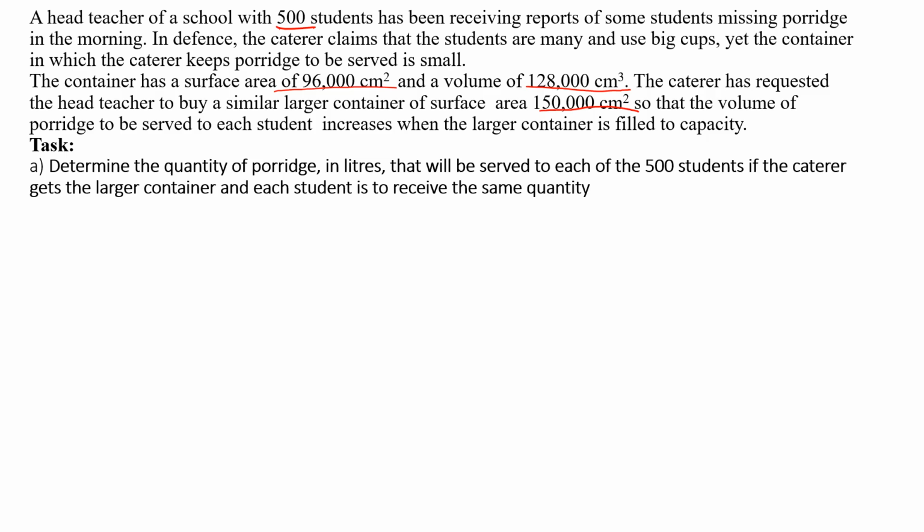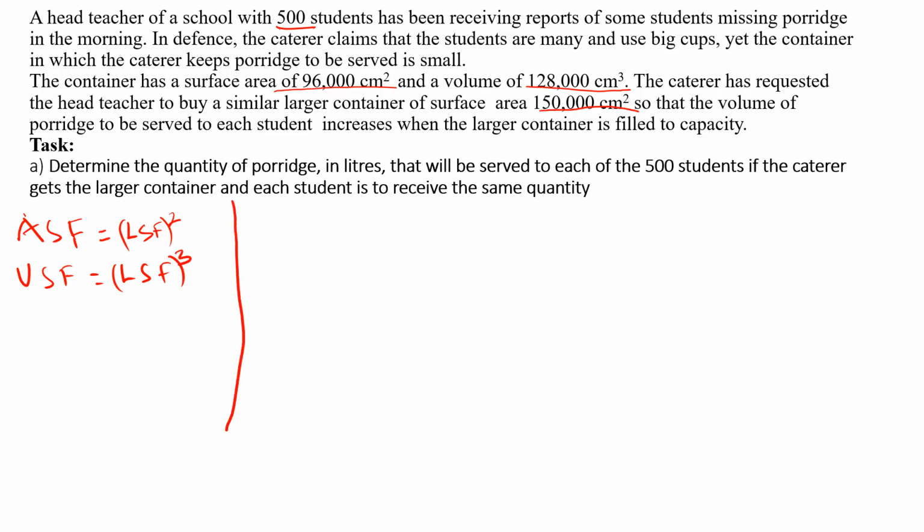But now that I don't have sides for the two containers, you'll ask, what about area scale factor? Area scale factor is equal to linear scale factor, bracket squared. Then volume scale factor is equal to linear scale factor, bracket cubed.